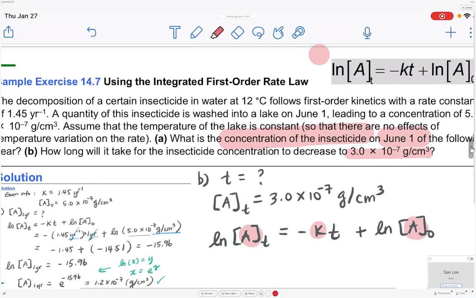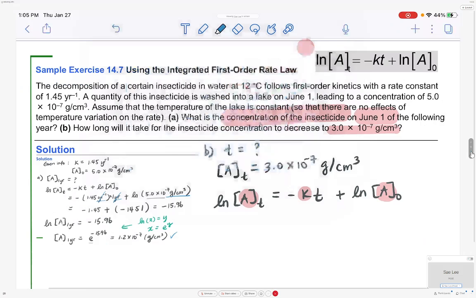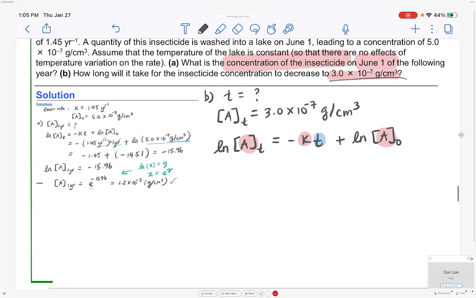So we're going to solve for T, the time it takes for the concentration to decrease to 3.1 times 10 to negative 7 gram per centimeter cubed. Okay, so just plug in everything that we have.